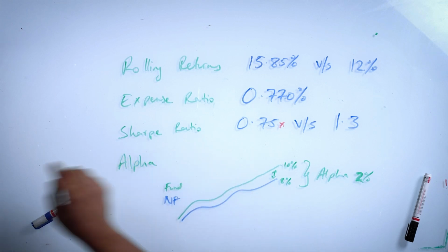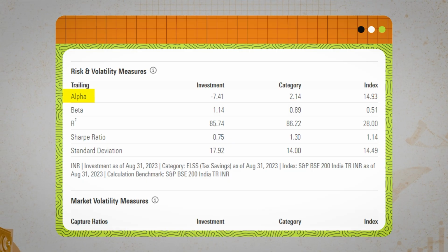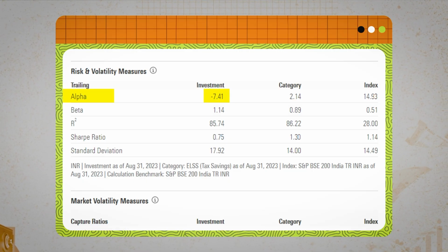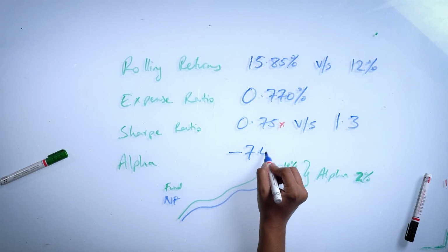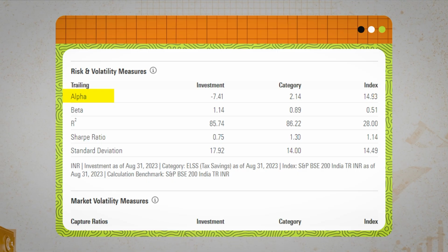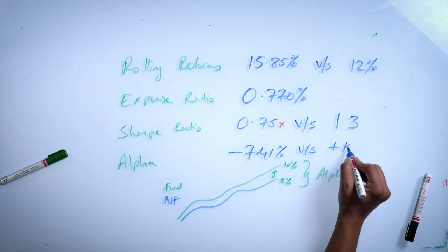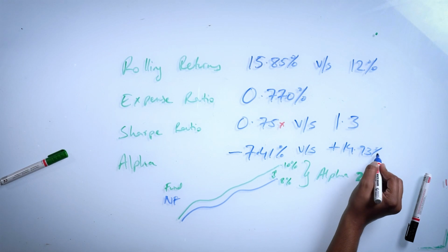The alpha for this fund over here is an abysmal minus 7.41%. This is actually pretty bad. Alpha should always be a positive number, because it should be better than the index. And over here we can see that the index gave, and I'll put this as versus, the index gave a plus 14.93% in this period.